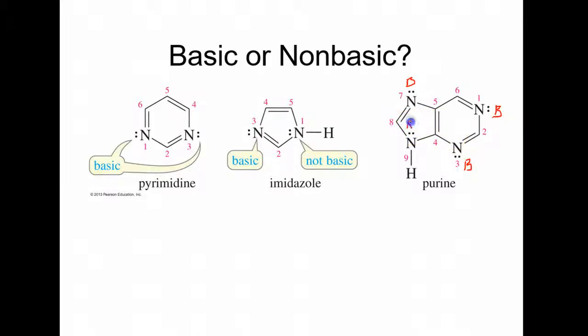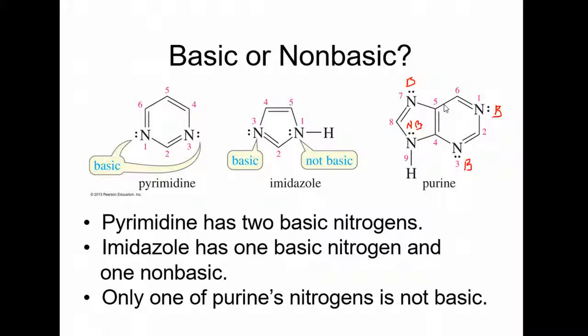This one is not basic because it's involved in the aromatic ring. So pyrimidine has 2 basic nitrogens. Imidazole has 1 basic nitrogen. So only one of the purine nitrogens is not a strong base. And purine is actually found in our DNA. These nitrogens actually form hydrogen bonds with other things, where this nitrogen does not.